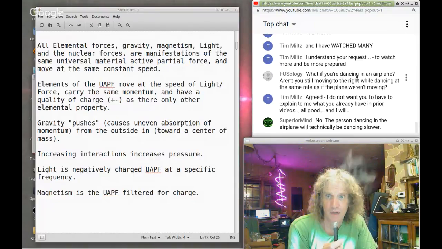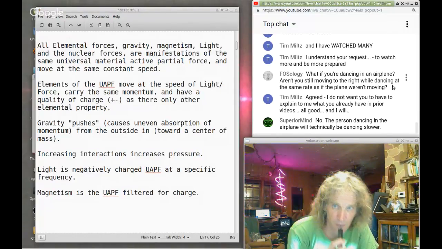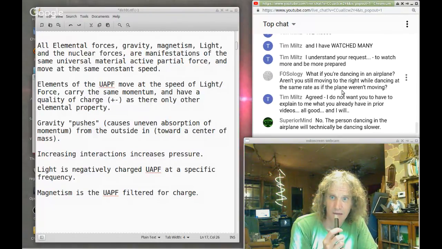What if you're dancing in an airplane? Totally irrelevant. Aren't you still moving to the right while dancing at the same rate as if the plane weren't moving?